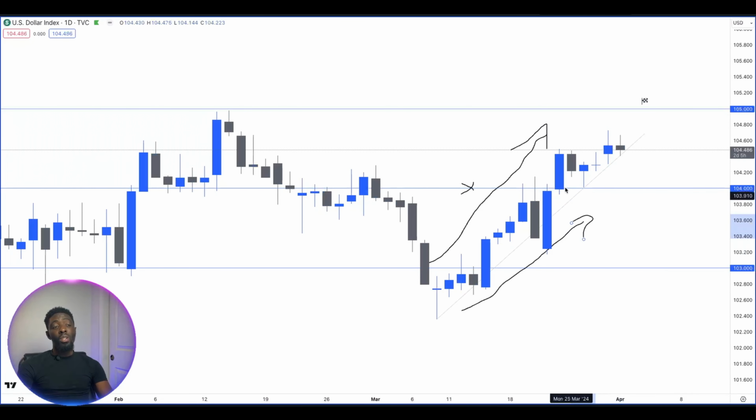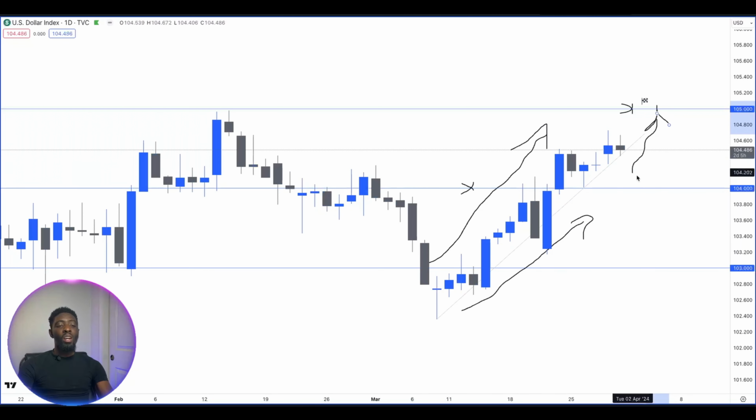Another reason why I come up with this bias is because it tells me, coming into next week, if price has to deliver to a certain point. Take for example right here, if price has to buy to this point of 105, then it's easy for me next week to look for selling opportunities on other pairs because I know what is playing out on the DXY already.